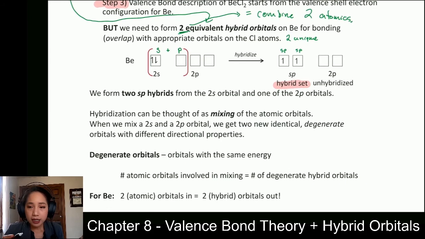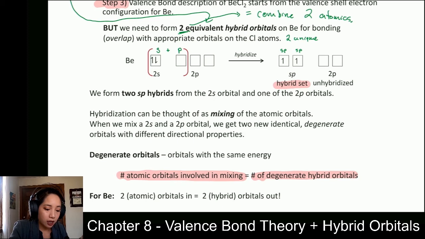All right. Another important thing when hybridizing or combining atomic orbitals is that the number of orbitals involved in the mixing is the same as the number of hybrid orbitals you get out. And remember, the number of atomic orbitals you put in is dictated by your electron domain number from VSEPR theory.